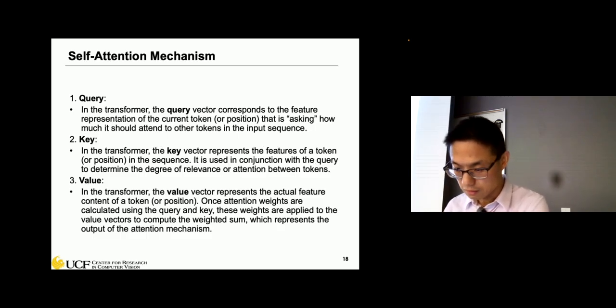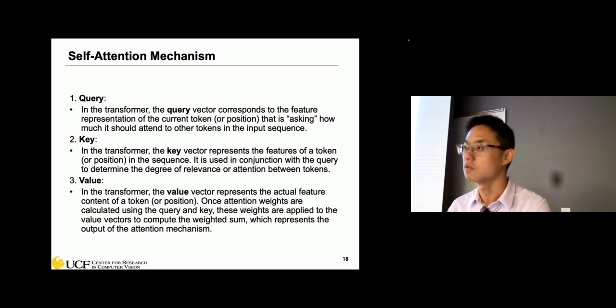The key vector represents the feature of a token in the sequence, so it is used in conjunction with the query matrix. We will see that later. And the value vector represents the actual feature content of the token.